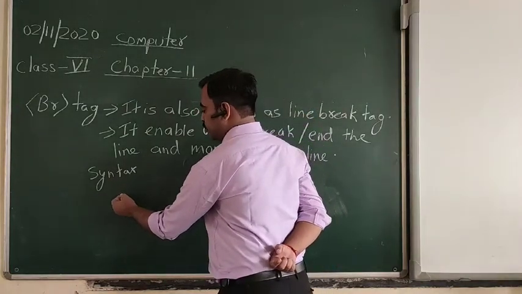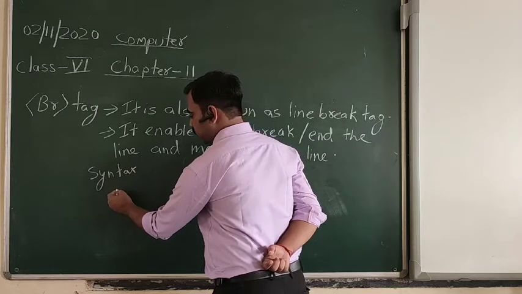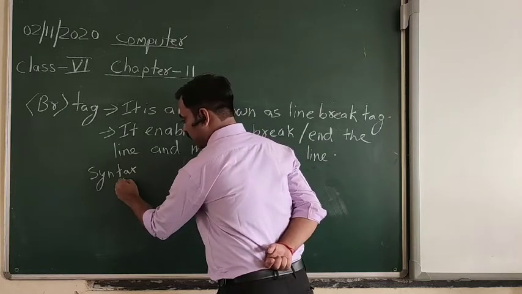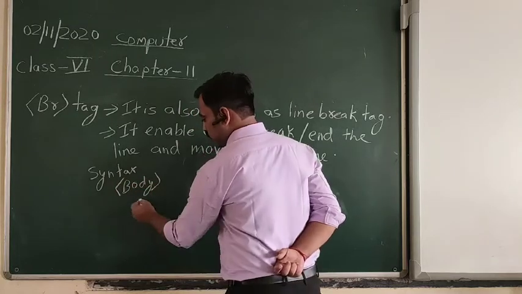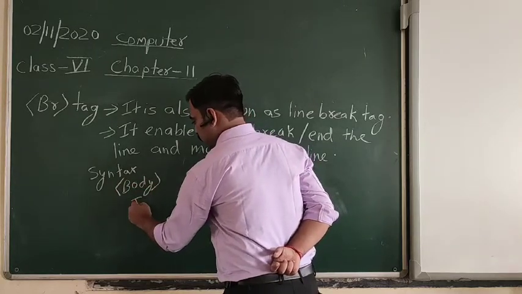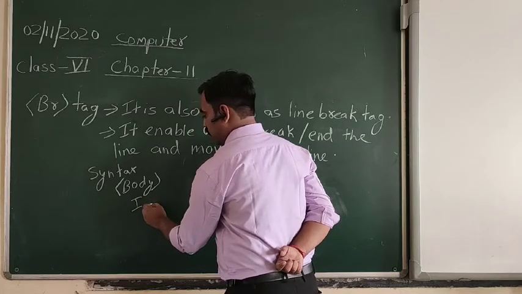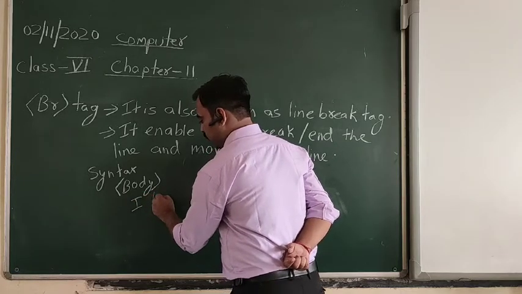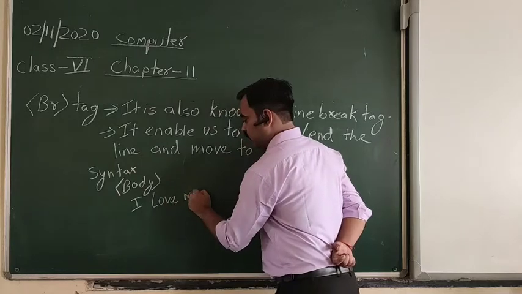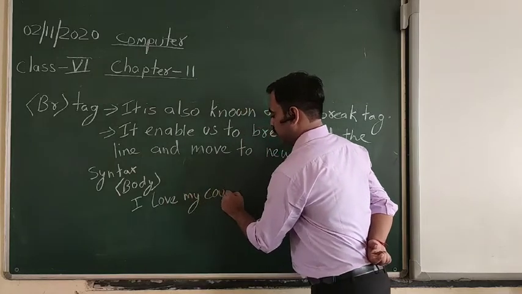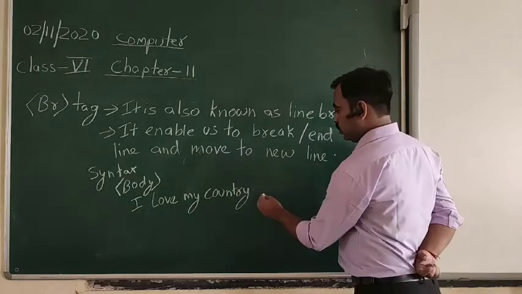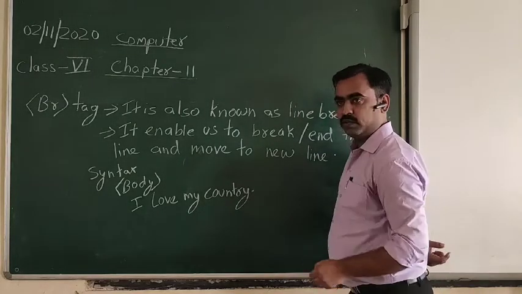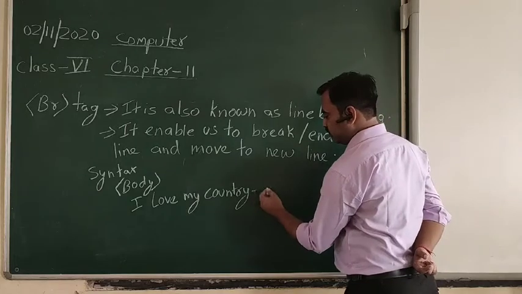Suppose, take an example that here I have started the body tag. Here I have written one sentence, I love my country, and now I have given the full stop and now I write the second sentence.